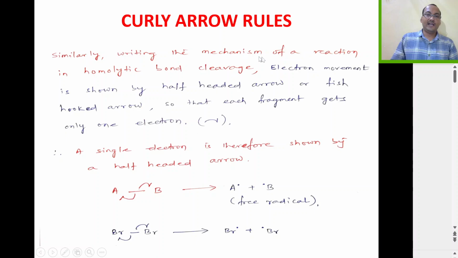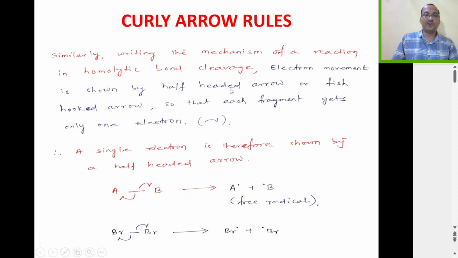Similarly, let's look at writing the mechanism of a reaction in homolytic bond cleavage. What happens in homolytic bond cleavage? The electron movement is shown by a half-headed arrow. You can call it a fish-hooked arrow. This is the representation, a half-headed arrow, so that each fragment gets only one electron. Earlier, in heterolytic bond cleavage, one atom gets both the electrons and the other atom has no electron.